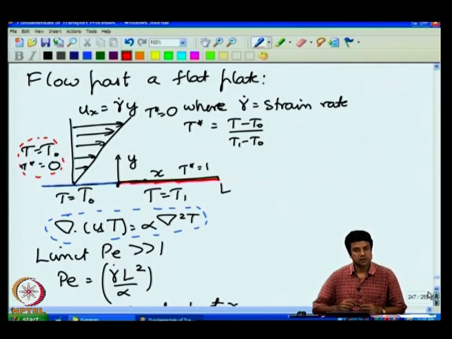How does one decide what is the length scale? We postulate a length scale, put it into the equation and see what it has to be in order that convection and diffusion are of the same magnitude even as the Peclet number goes to infinity. So, that is the strategy that we followed in the last lecture.